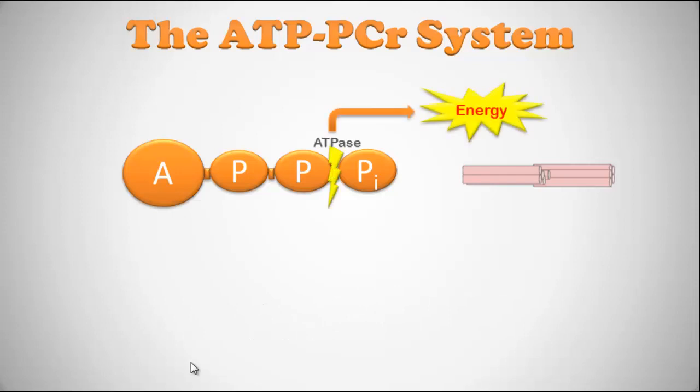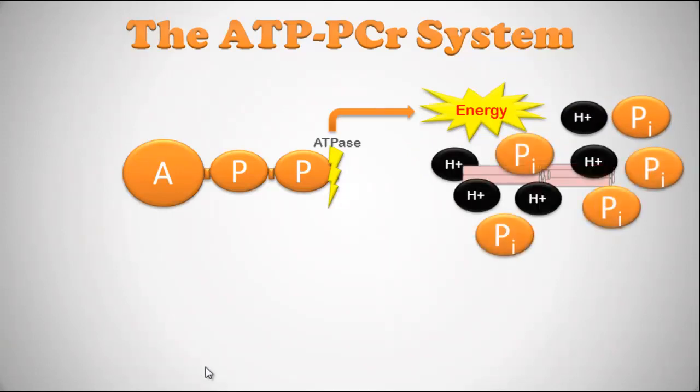So what ends up happening here is the same thing as we previously described. ATPase splits apart the inorganic phosphate. That will cause an increase in hydrogen ions and inorganic phosphate around the muscle. But the thing to remember is we've got this big pool of phosphocreatine, and this is going to be happening very, very fast. You're going to be breaking down a lot of ATP.